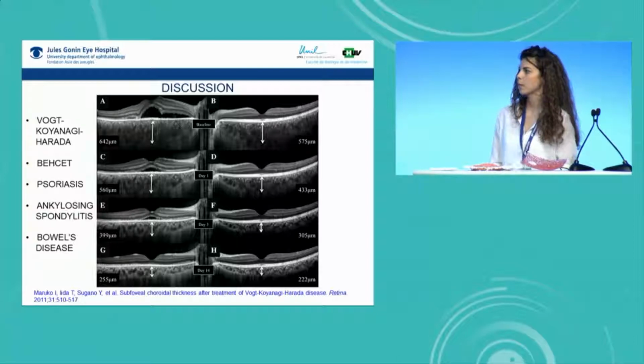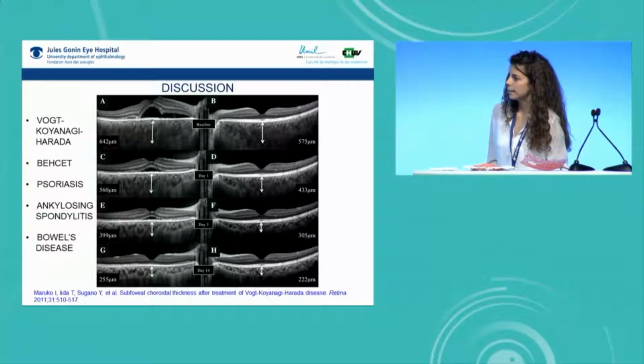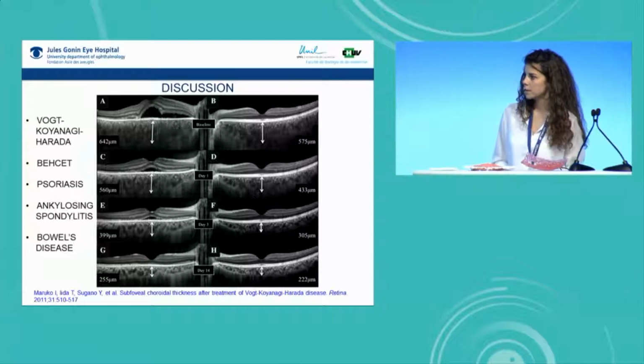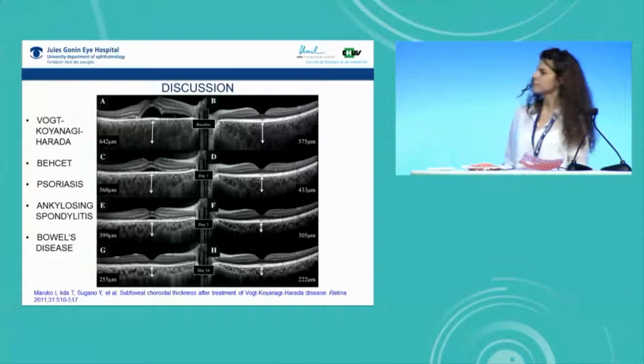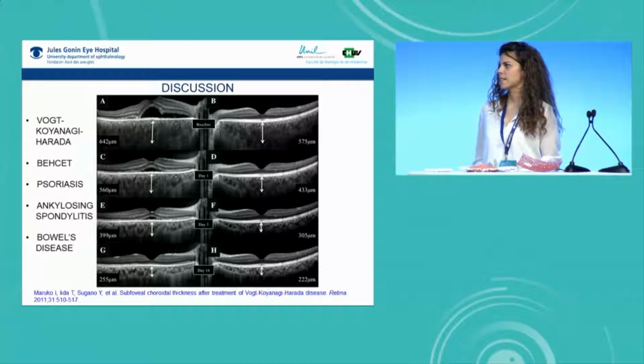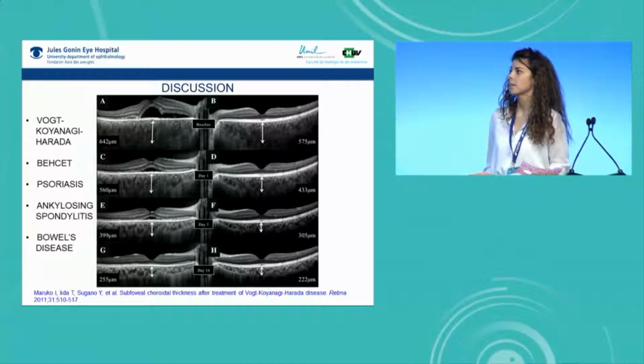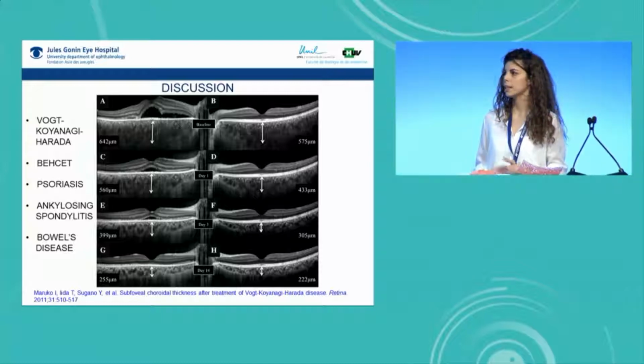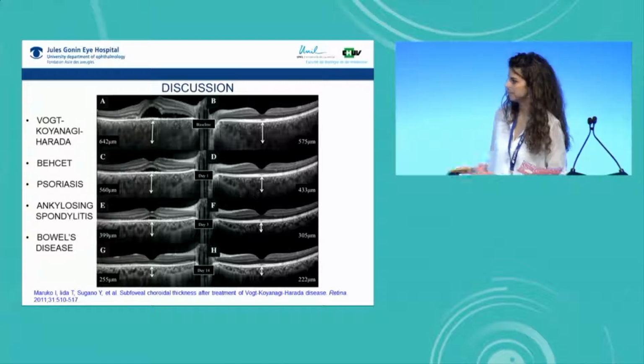For example, bowel disease, Behçet, psoriasis. This group of authors, Maruko et al., published that in Harada disease, in the acute phase, the choroidal thickness is going to be increased. And after starting the treatment with corticoids, the choroidal thickness is going to turn back to normality.